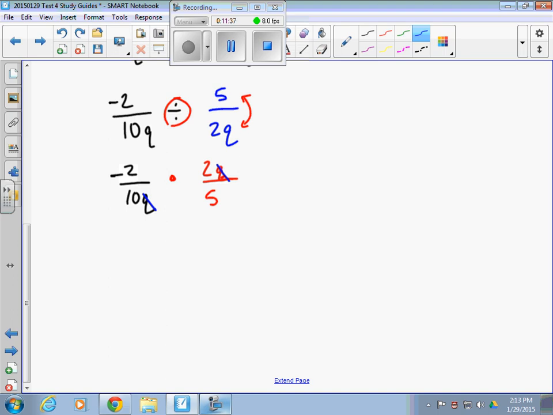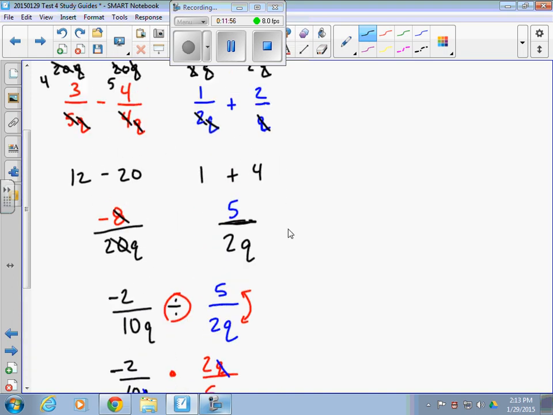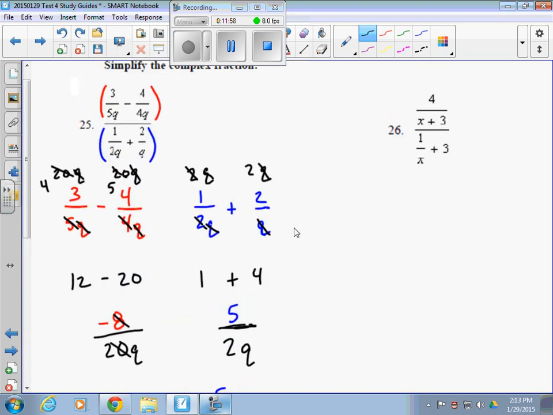Negative 2 times 2 is negative 4. 10 times 5 is 50. The number 2 goes into both of these. It goes into this one negative 2 times, and into this one 25 times. So this simplifies to negative 2 over 25. All that mess right there is negative 2 over 25.